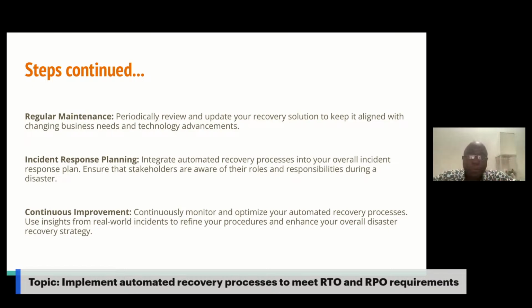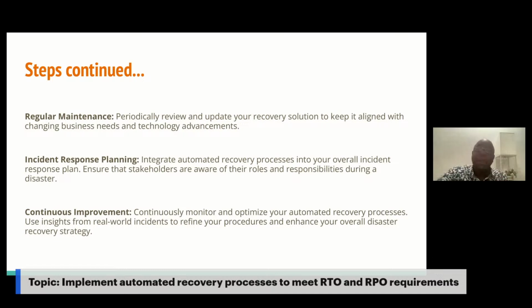Now, regular maintenance. Like I said earlier, you cannot just say, I did this 2 months ago, and leave it there like that. Things change in the cloud all the time, so you need to always review and update your recovery solution to make sure it stays in place. Like they say, change is the only constant thing in life. Even in the cloud, things are changing all the time.